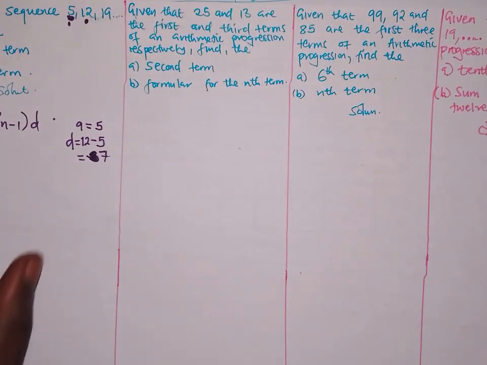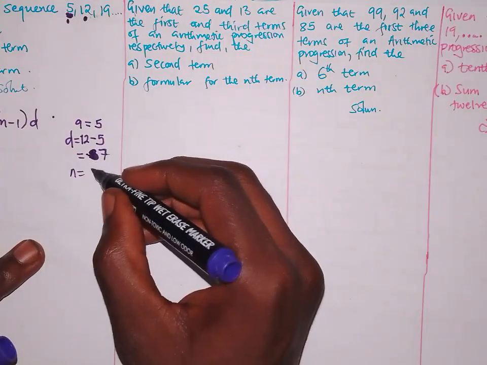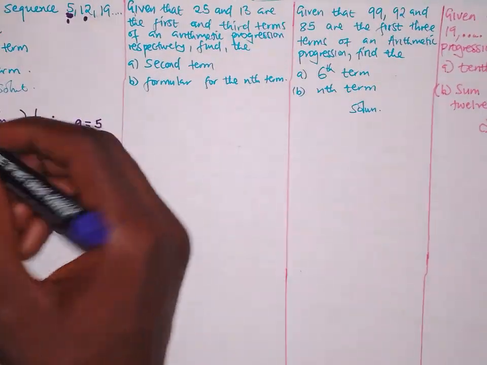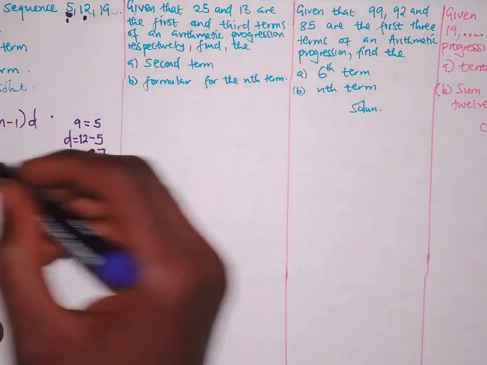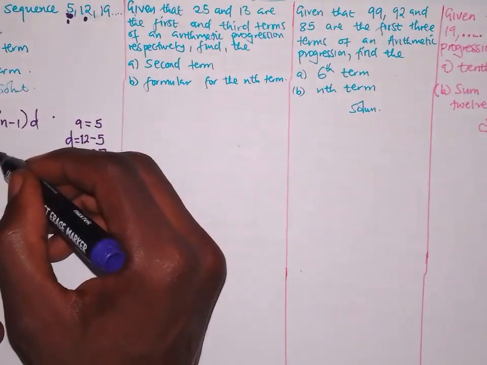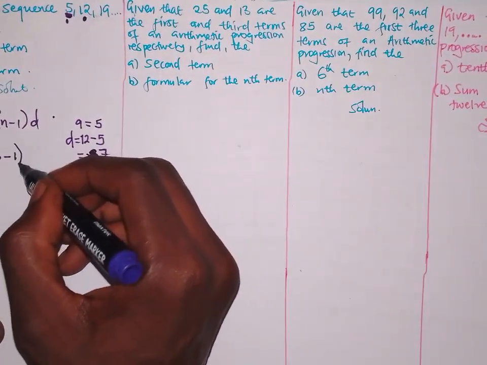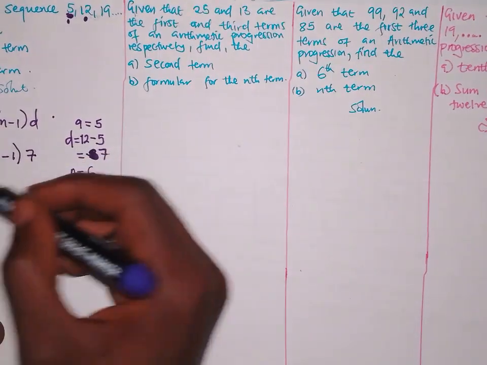Then what position is the term we are calculating? The term we are calculating is the 6th term, so our n is 6. Then you just put in the formula. Our first term is 5 plus n, which is 6 minus 1, times our common difference 7.